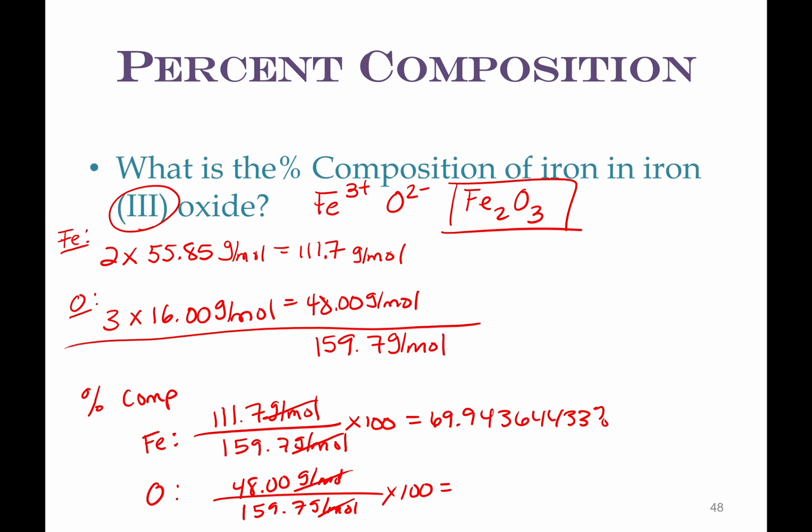When I click through in the PowerPoint, because I have a lot of these done in the PowerPoint, you'll see that I used AMU, but it doesn't matter. 5, 6, 3, 5, 5, 6, 7. So we have 69.9% iron. And for oxygen, we have 30.1%.